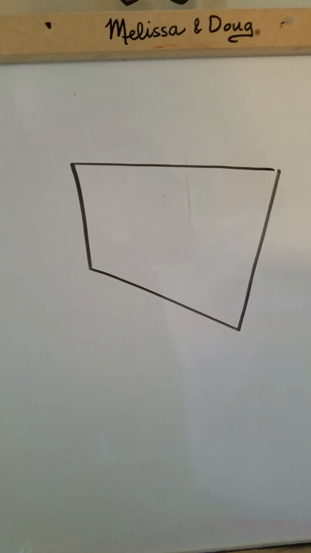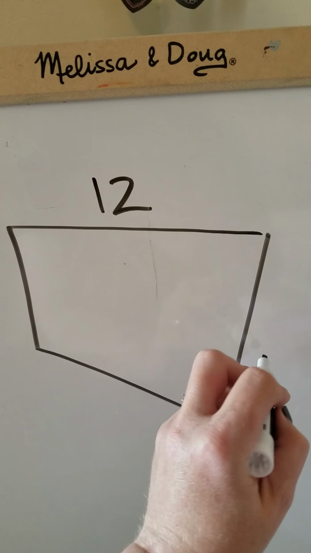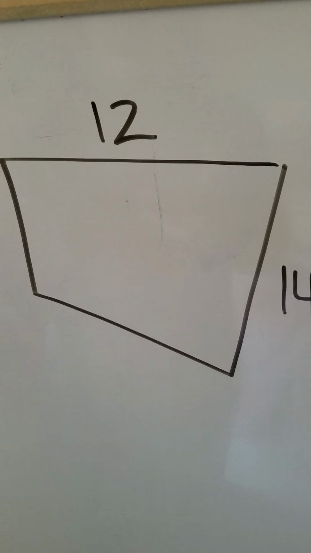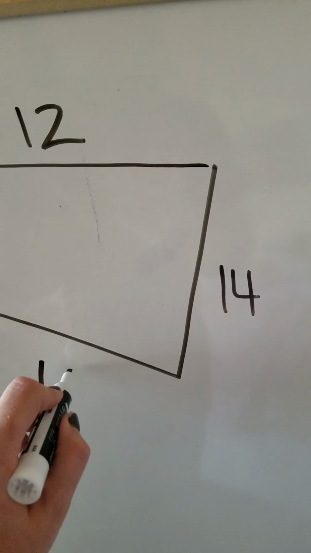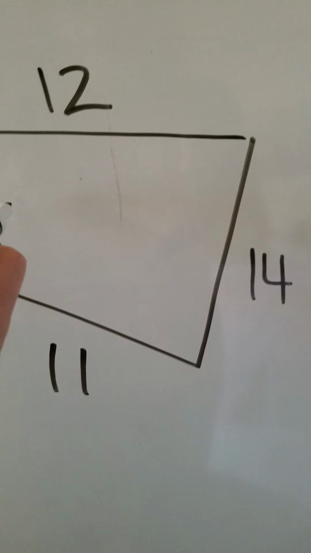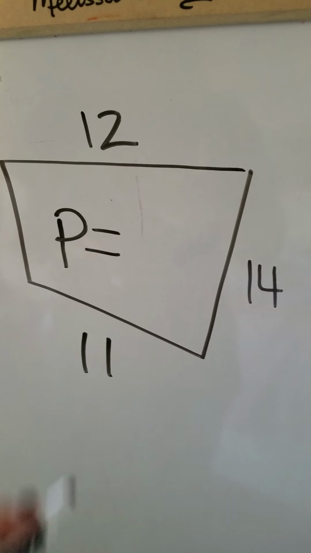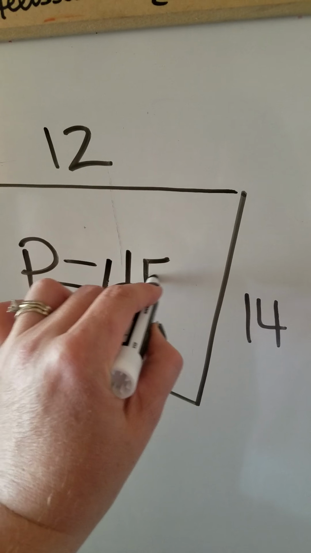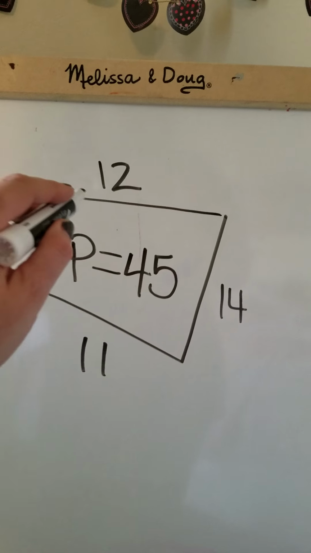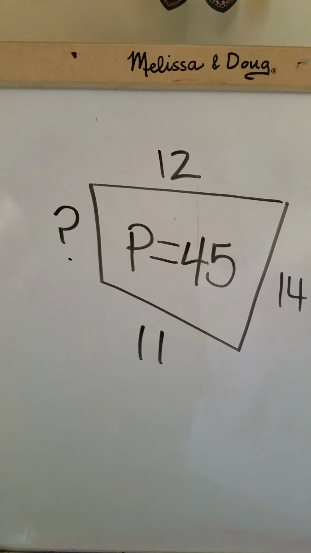So let's say that we've got 12 and 14 and 11. And let's say that our perimeter all the way around should be that. Okay, so our perimeter is 45. We know 3 of the sides. We're missing this side length here.